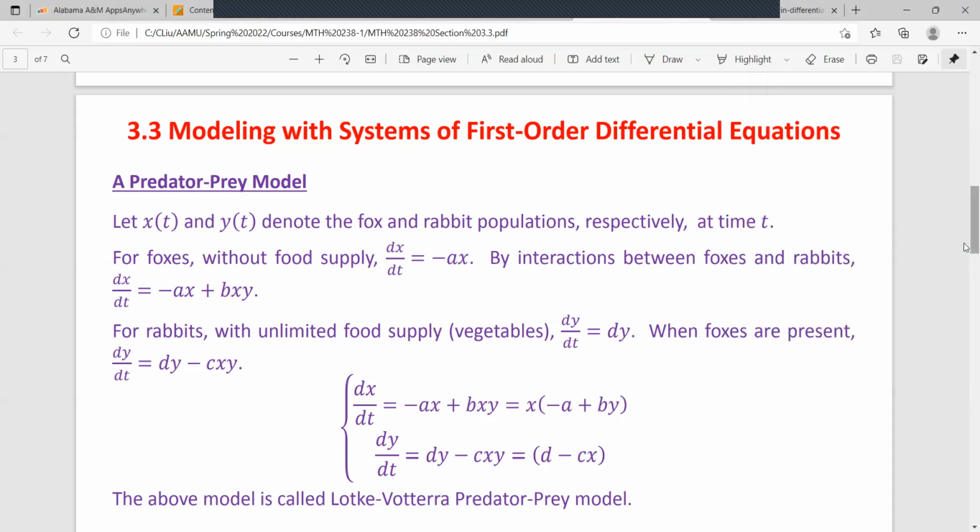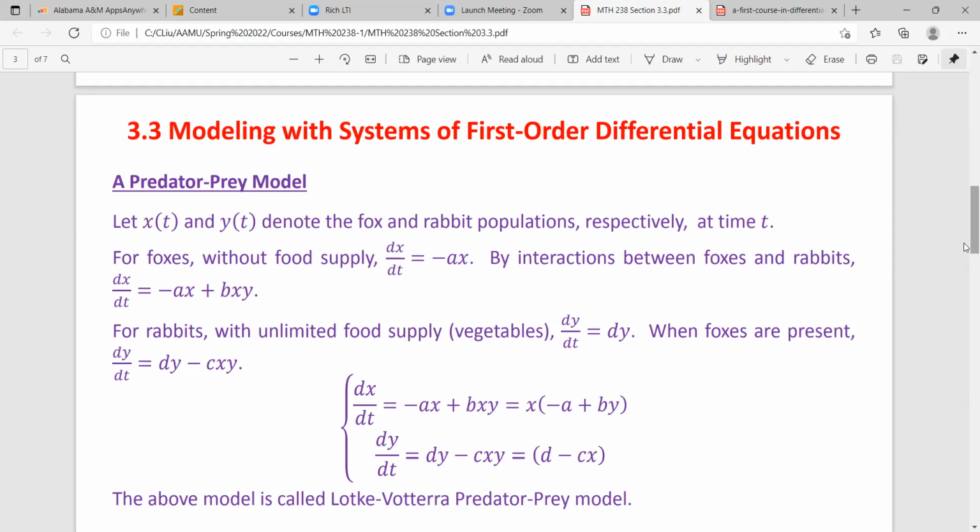So last time, we just started section 3.3, modeling with systems of first order differential equations. Instead of just one single first order differential equation, we have two or three or more differential equations in the system. We talked about isotope decay series. We talked about the predator-prey model for populations.